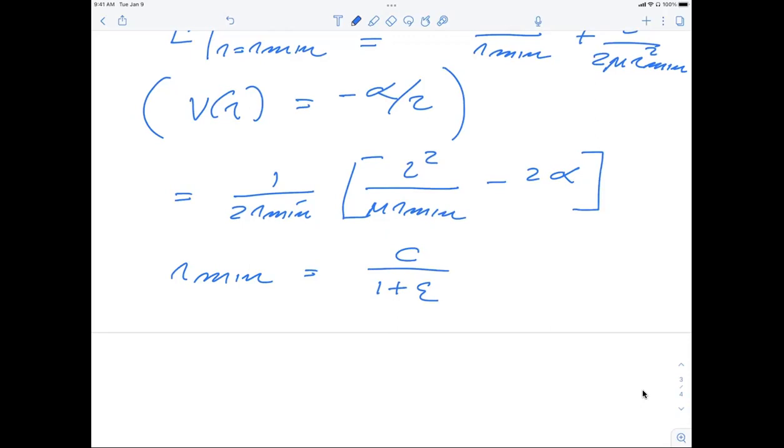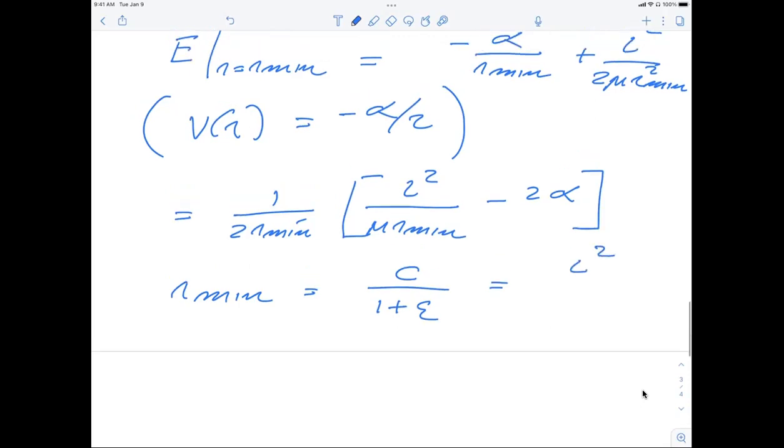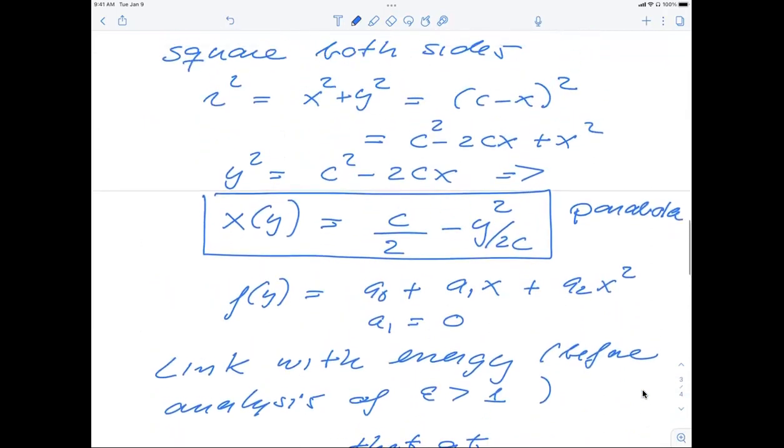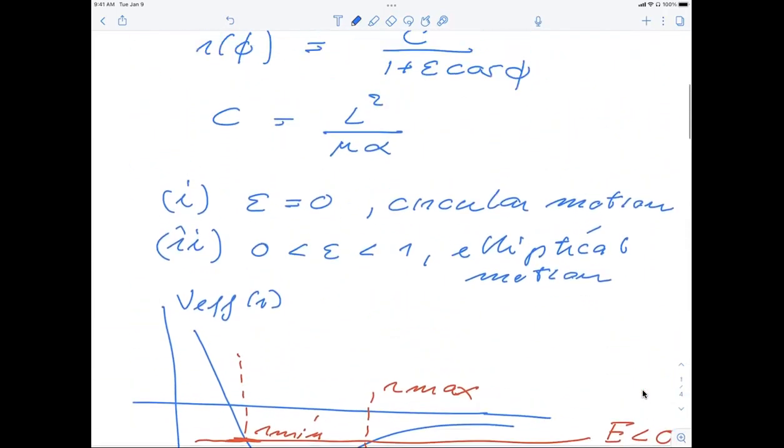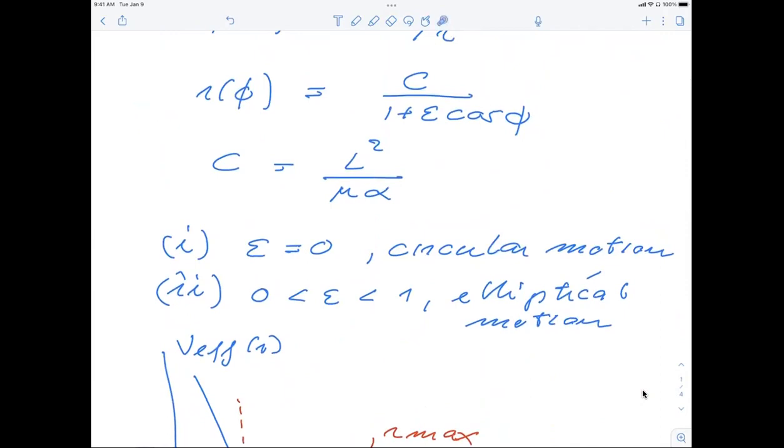Now, if we just plug in the equations, we can actually rewrite this as an L squared. So let me remind you why it becomes like that. If we go up a little bit and look back at the definitions we had, which we defined in the beginning of this discussion of central forces, we have defined C as a function of 3 physical parameters.